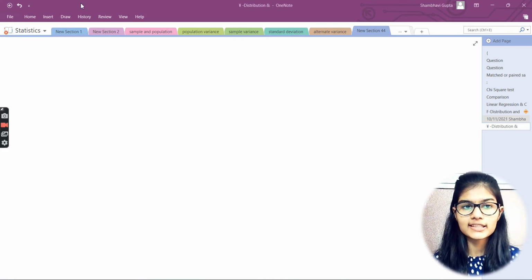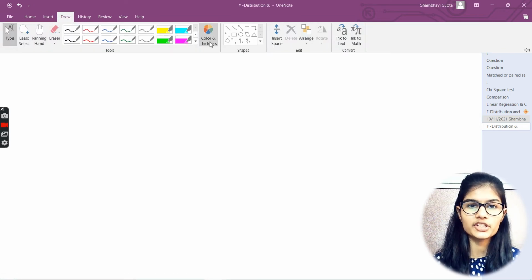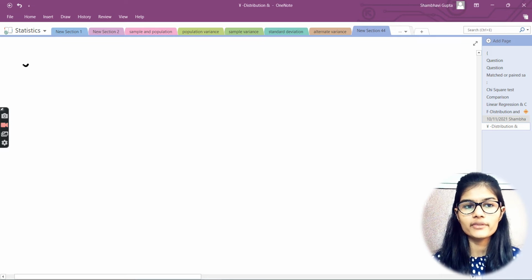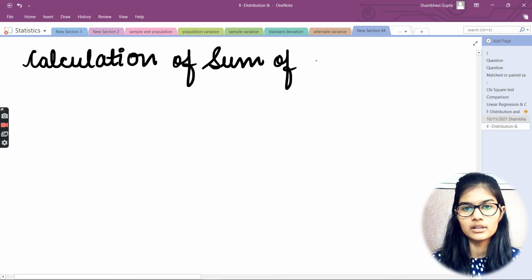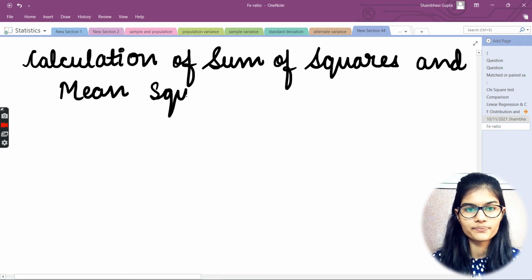So, as we already discussed the mean of squares and sum of squares, all the things we are already familiar with, right? So now I'll be discussing one of the very important topics today, and that is basically the calculation of sum of squares and mean square.